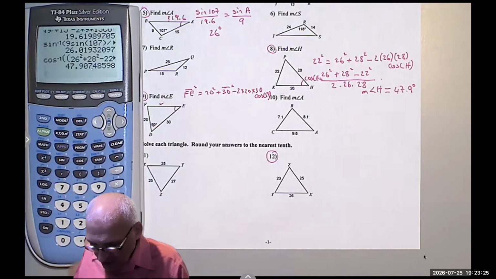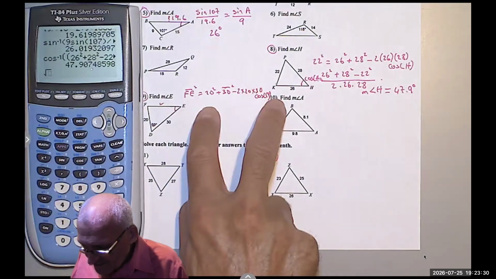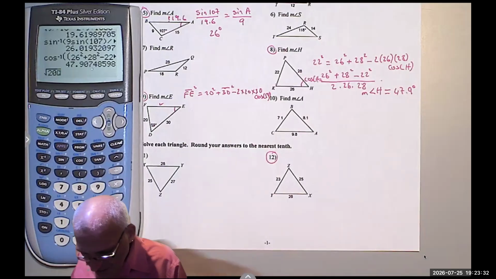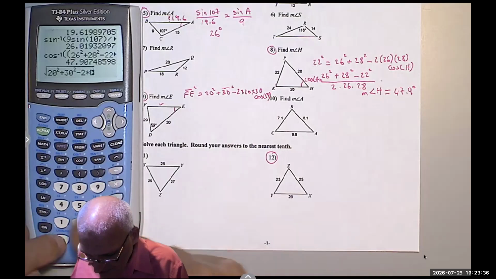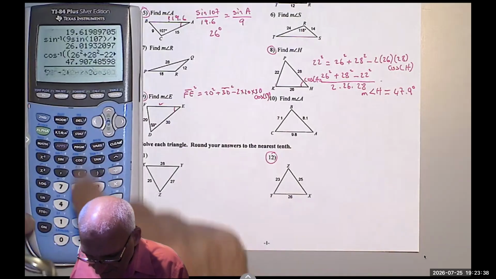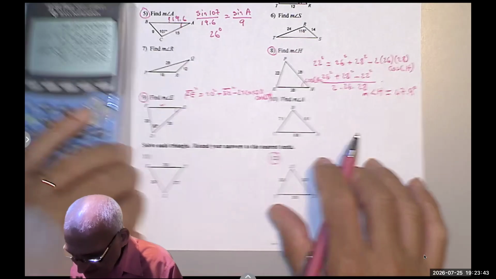Okay, so I take the square root of this guy: 20 squared plus 30 squared minus 2 times 20 times 30 cos 59. That gives 26.11.